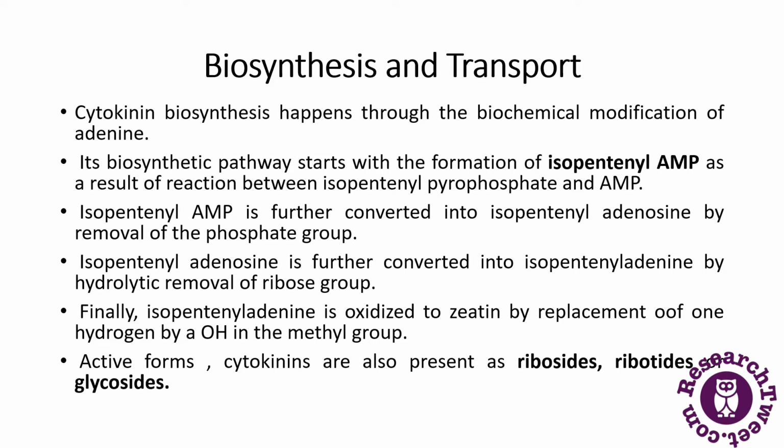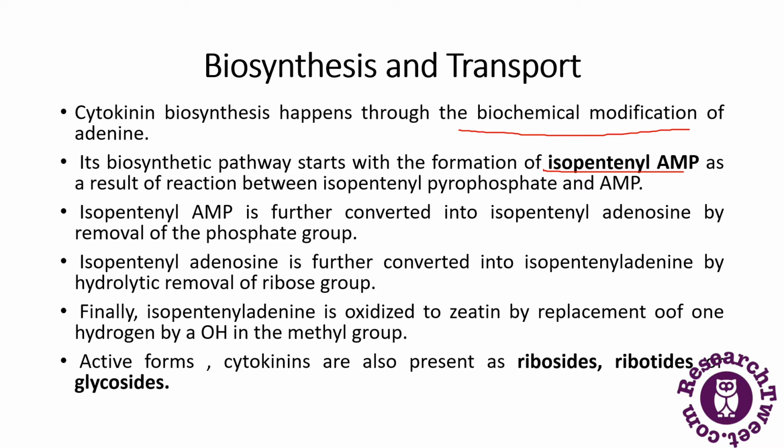Cytokinin biosynthesis happens through the biochemical modification of adenine. Its biosynthetic pathway starts with the formation of isopentenyl AMP. The first step starts with the formation of isopentenyl adenine by the removal of the phosphate group.